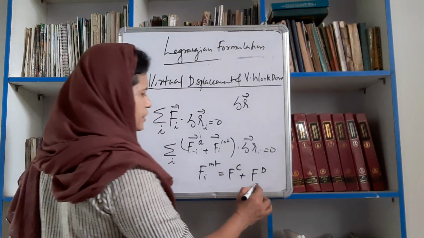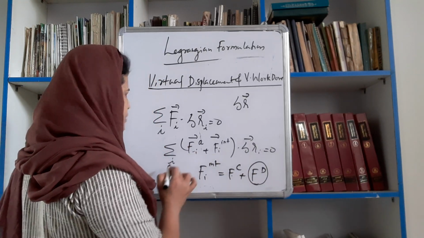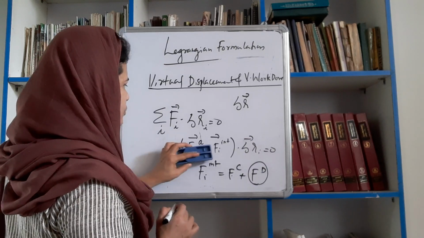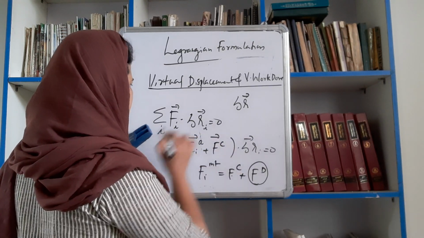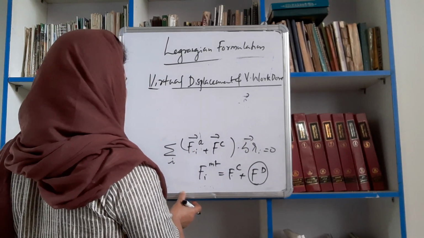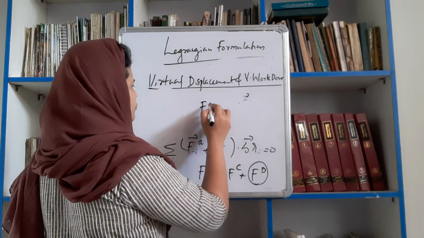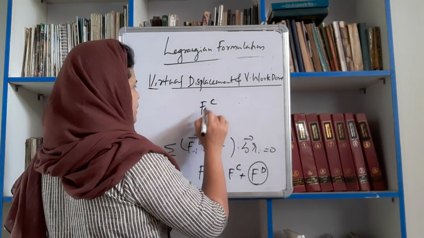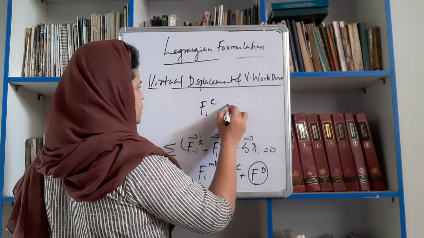And we can neglect this dissipative force here. Therefore, Fi internal means the conservative force. Therefore, the total force we can write as F of constraints. Now, one more thing: for the virtual displacement of the ith particle, the work done because of the constrained force is equal to 0.